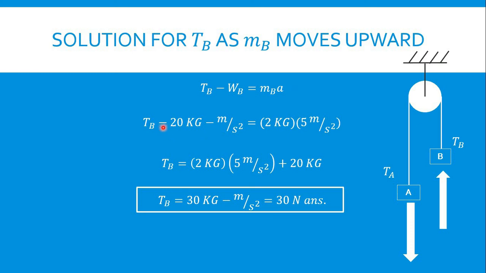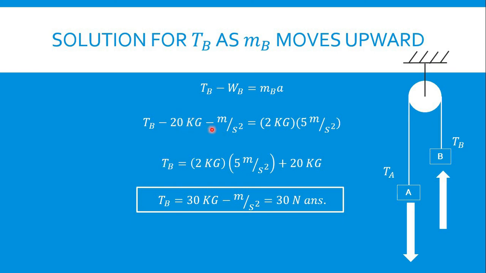Tension B minus 20 kilogram meters per second squared is equal to 2 kilograms multiplied by 5 meters per second squared.